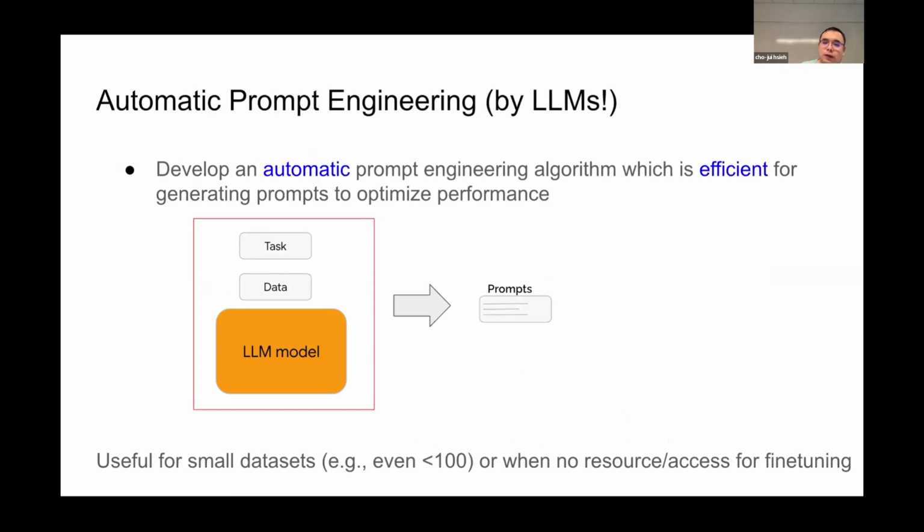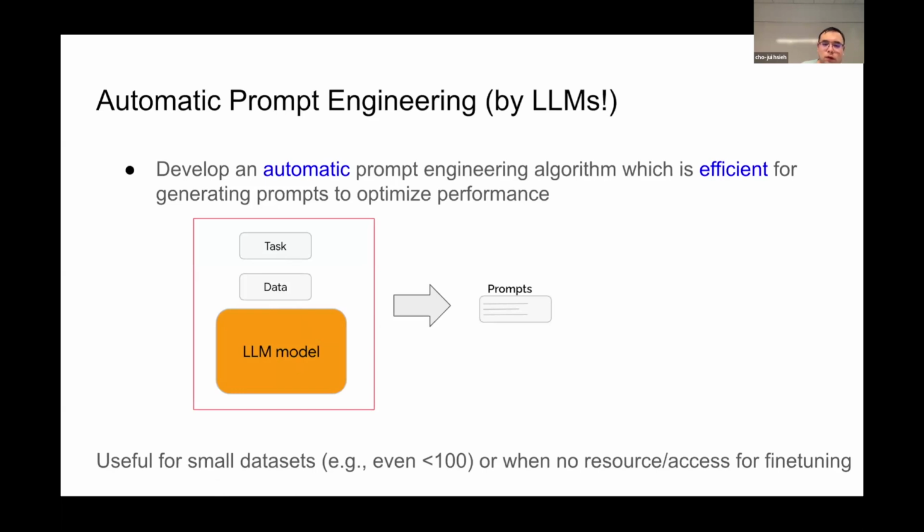The problem can be formulated like this. You have a task and you have some data, and you are given some LLM which will be used for inference. I want to have an algorithm to generate the prompt to optimize the performance based on this task and training data, when you use this LLM as an inference engine.